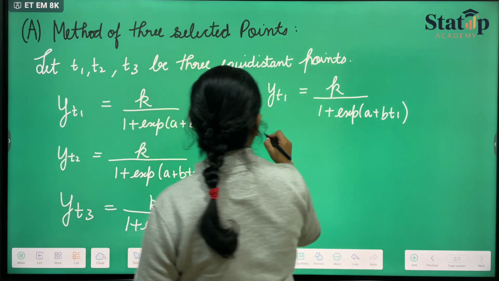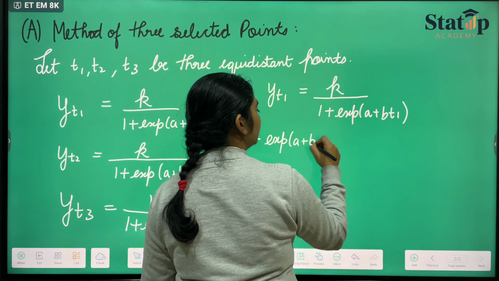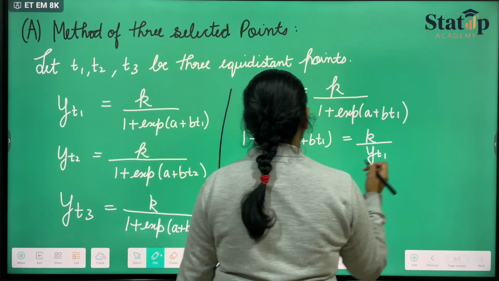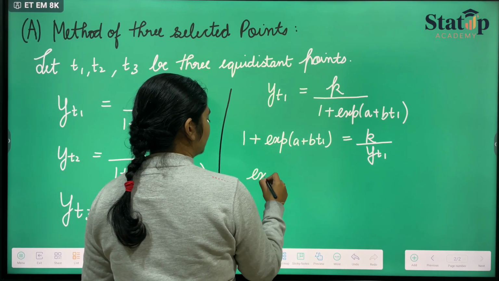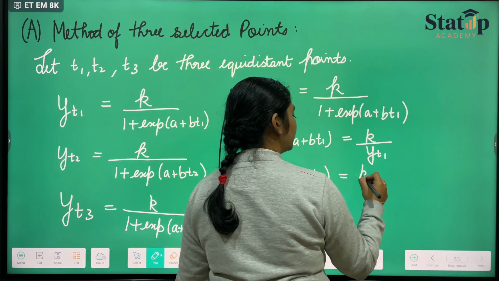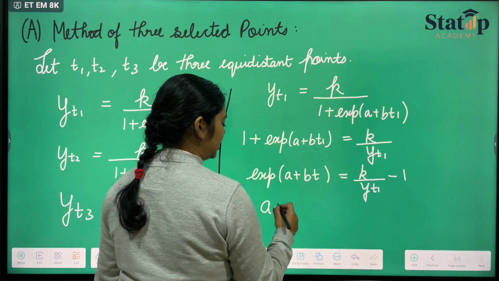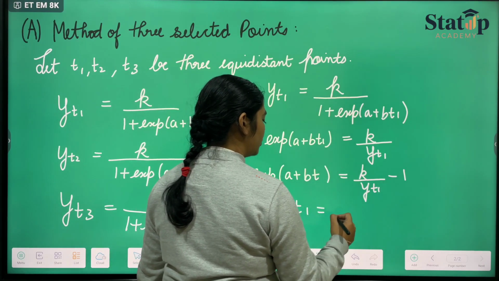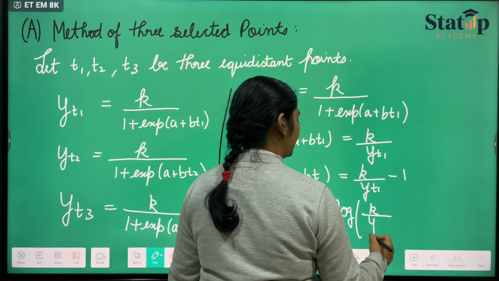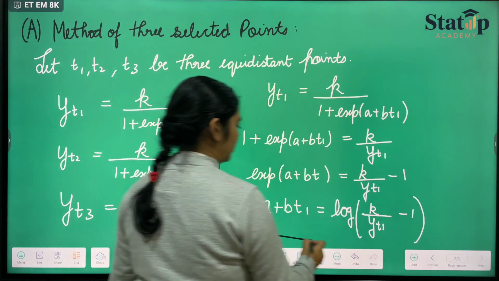We'll cross multiply and we'll be getting 1 plus exponential a plus bt1 is equal to k upon yt1, and we can say that exponential a plus bt1 is nothing but equal to k upon yt1 minus 1, and a plus bt1 is equal to log of k upon yt1 minus 1. So this is our equation number 1.